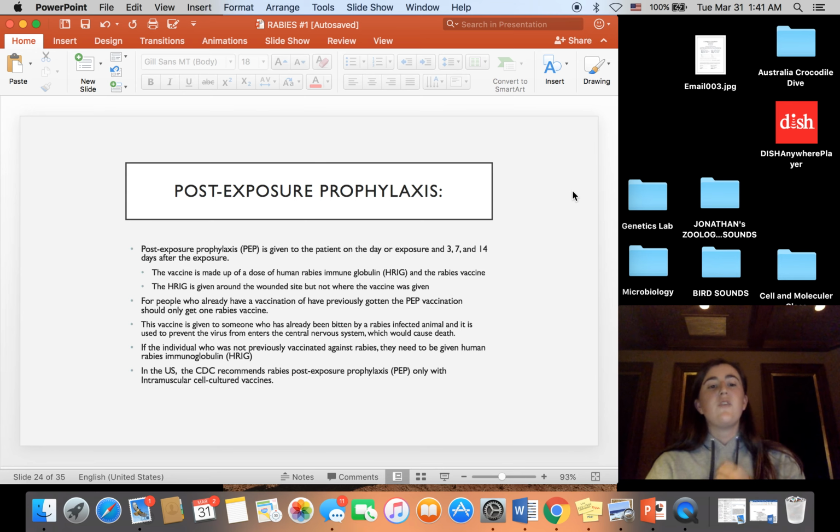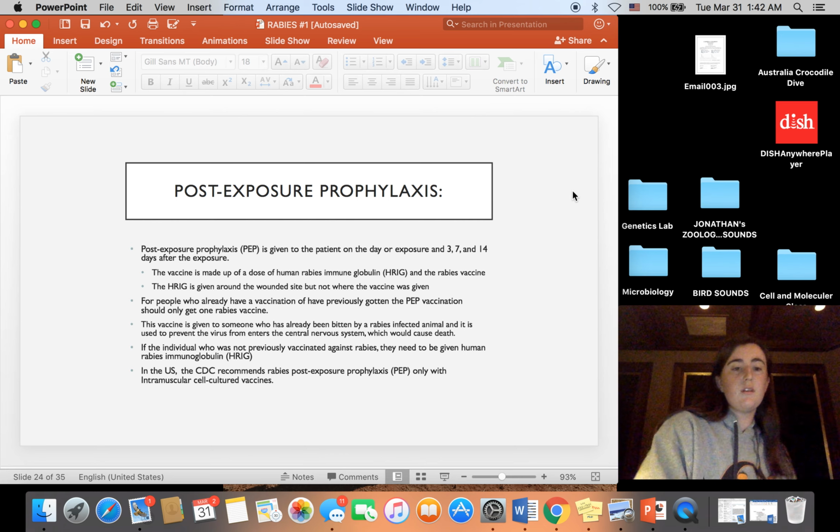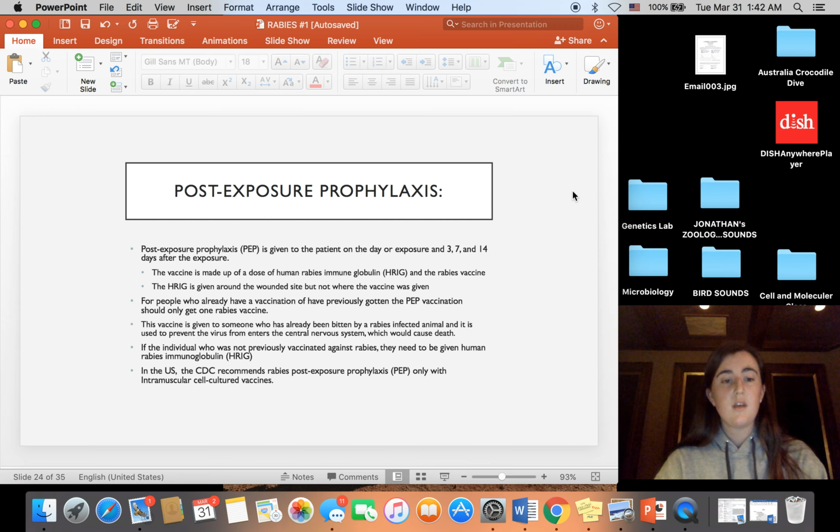People who already have the rabies vaccine and have previously gotten the PEP vaccination should only get one rabies vaccination when they get bitten by a rabid animal. This vaccine is given to someone who has already been bitten by a rabies-infected animal and is used to prevent the virus from entering the central nervous system, which could lead to death, which I said before.